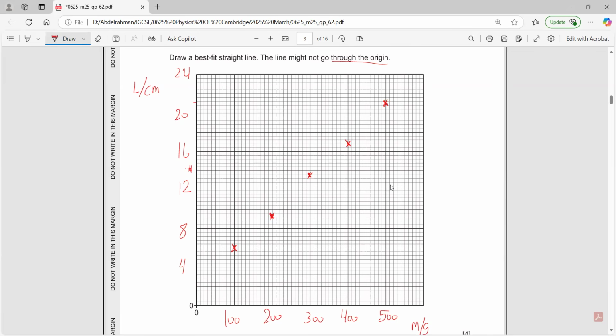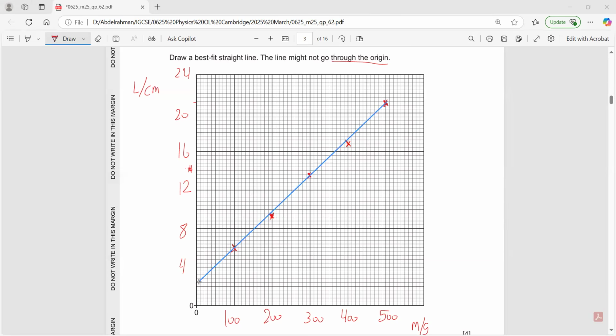Let's draw a best fit line, a straight line. The best fit line would be somewhat like this, extending all the way to around this point. It reached around 2.2.